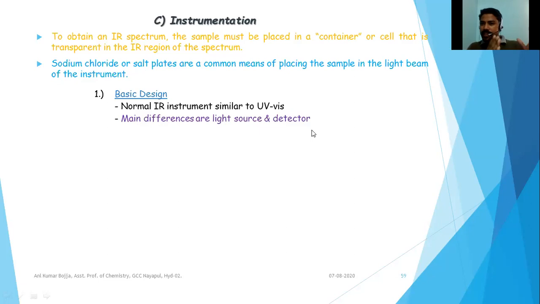So as we move from ultraviolet visible spectroscopy to nuclear magnetic resonance spectroscopy, the detector's sensitivity has to be increased, so that the detector can identify the changes happening in a molecule because of absorption of electromagnetic radiation, and we will get the spectra, right?